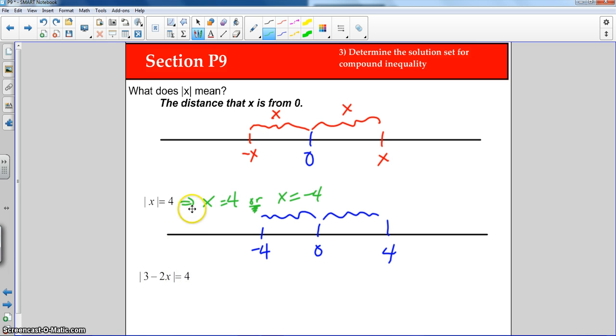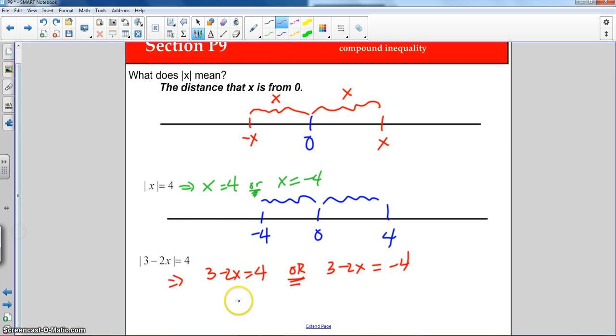So what that is saying is essentially replace x that was up here by 3 minus 2x. So this is saying either 3 minus 2x is equal to 4, or 3 minus 2x is equal to minus 4.